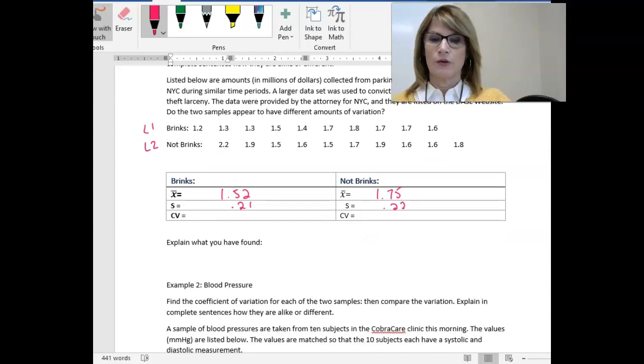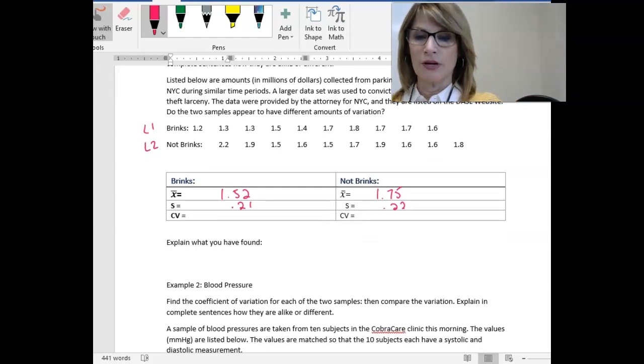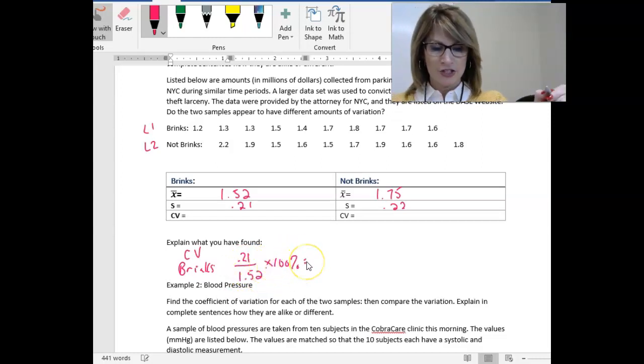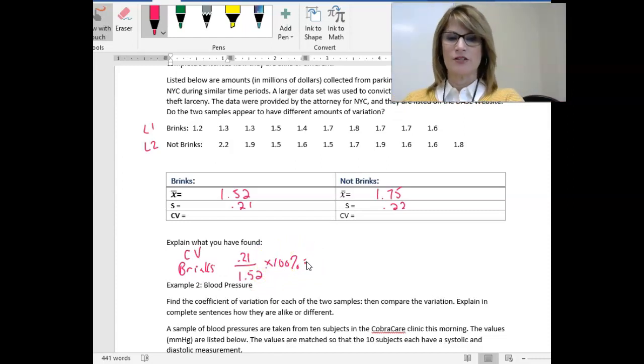Okay, so coefficient of variation for Brinks would be your standard deviation, that's 0.21, over 1.52, and then change your answer to a percent, so you should get 13.8%.